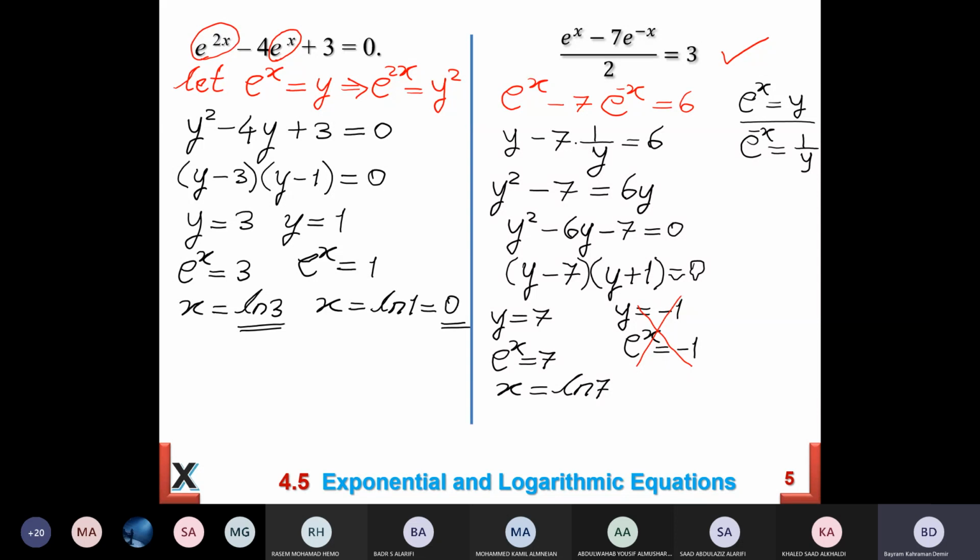We need to remember the range of the exponential functions. It is from 0 to infinity, remember? So the range is positive and cannot be a negative number. So e to the x cannot be negative or even 0, right? So the only solution we got is ln of 7.